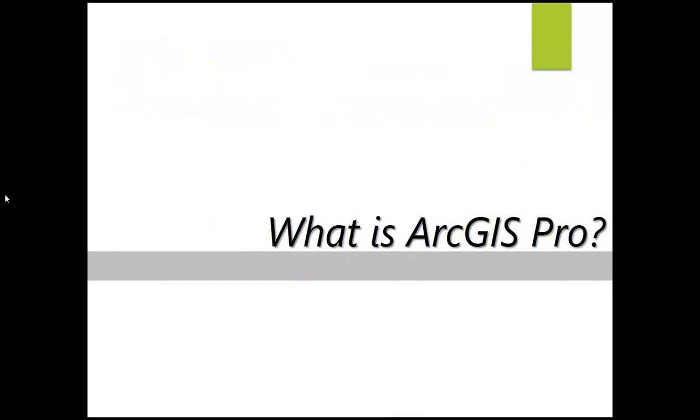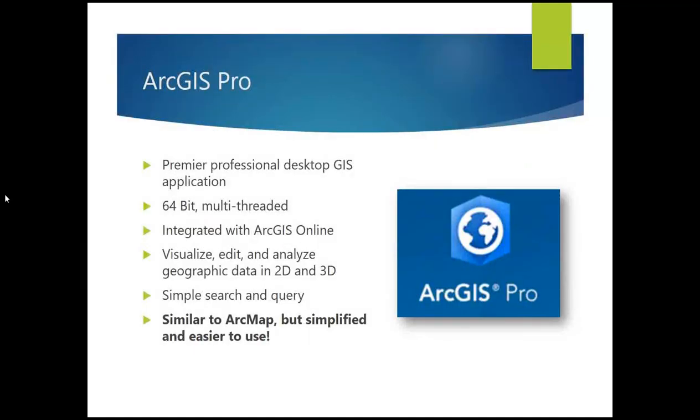Okay, let's begin. We will start by asking the simple question, what is ArcGIS Pro? ArcGIS Pro is a premier professional desktop GIS application that was developed by Esri to help improve the GIS experience. It's a 64-bit multi-threaded application that allows you to load more data into memory.